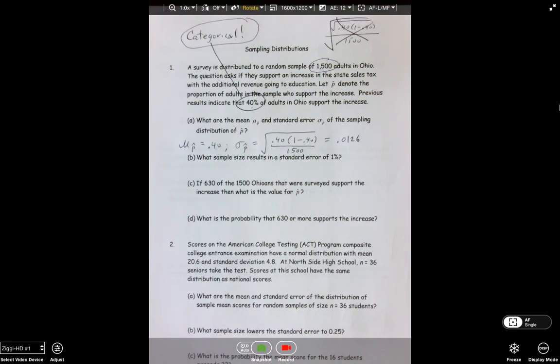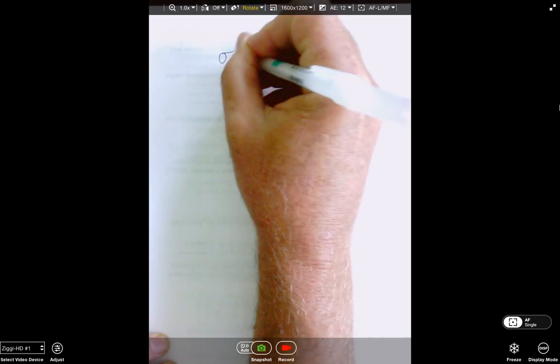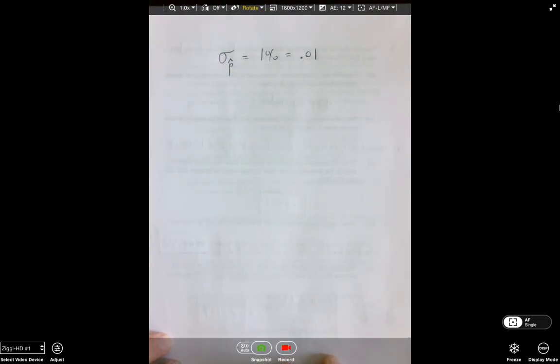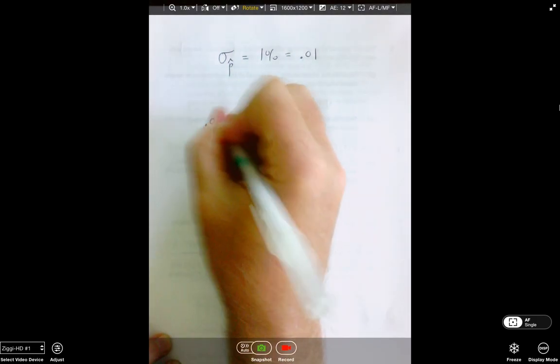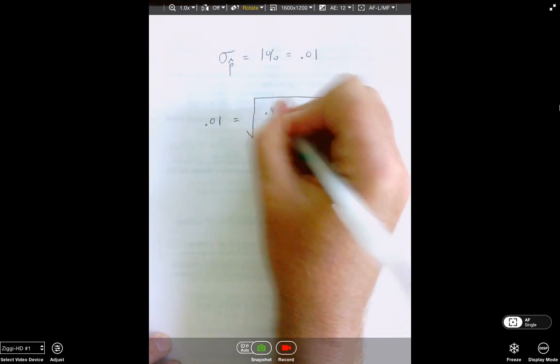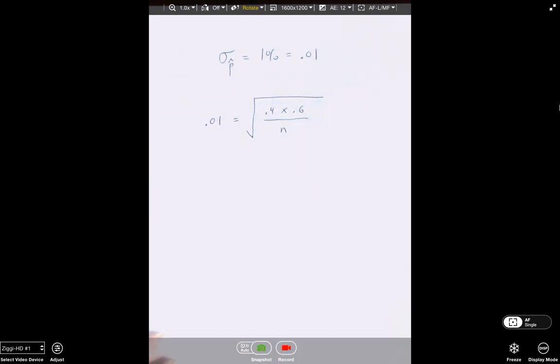Now, next question is, what sample size results in a standard error of 1%? We need our standard error to be 1%. Guys, you always got to do math with the decimal. So we need 0.01 to be equal to the calculation: the square root of 0.4 times 0.6 over some sample size.